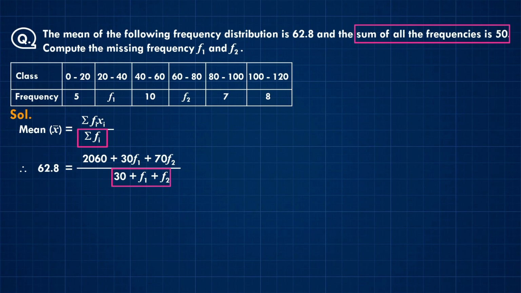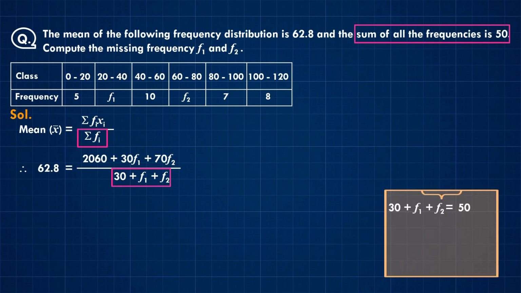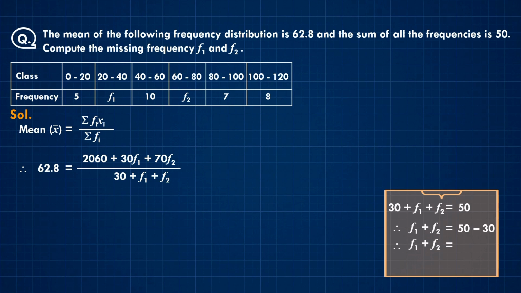Now another piece of information is given, that the sum of all frequencies, that is the summation of fi, so 30 plus f1 plus f2, is equal to 50. So f1 plus f2 will be equal to 50 minus 30, that is 20. Now we replace one value, f1 or f2, in terms of the other.